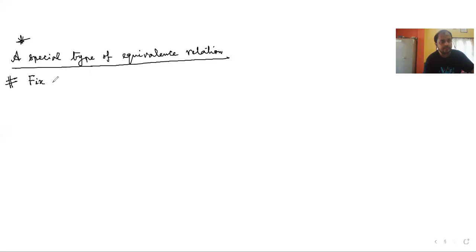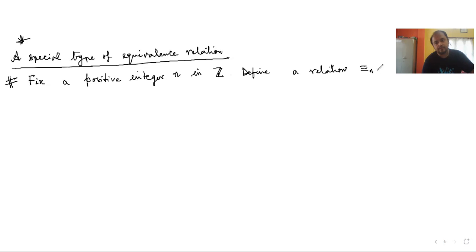Fix a positive integer, small n, in Z. You know Z is the set of integers. Define a relation on Z as follows.